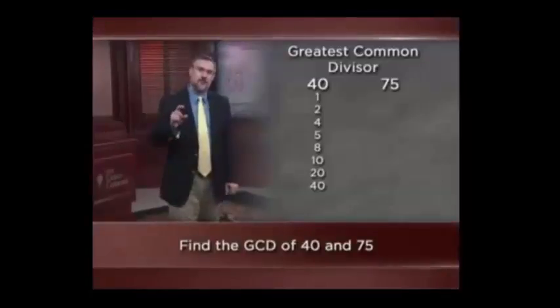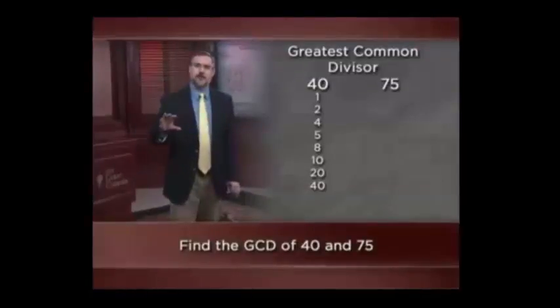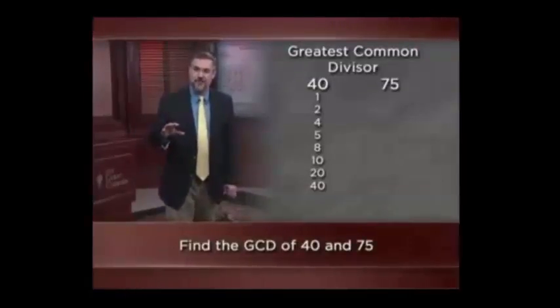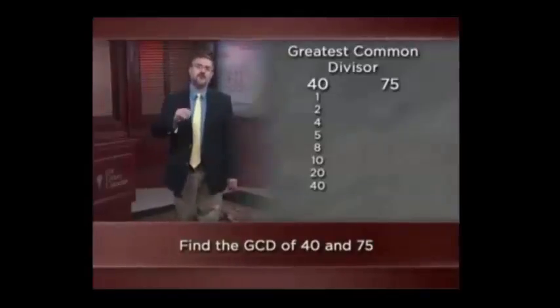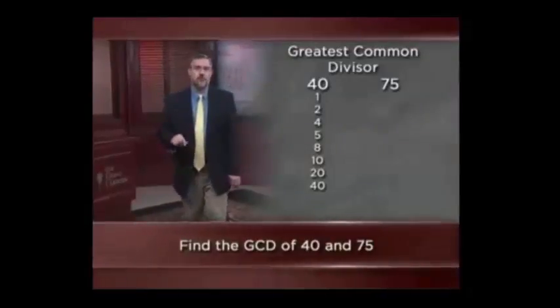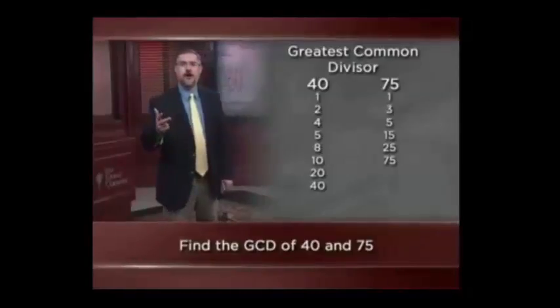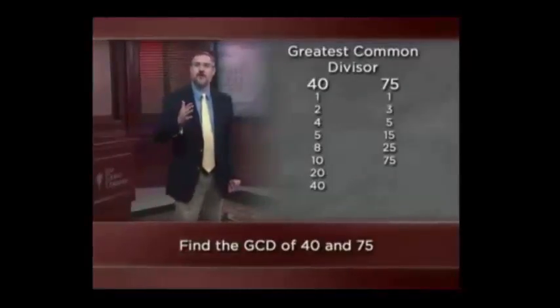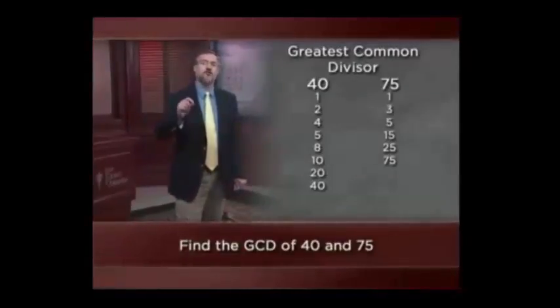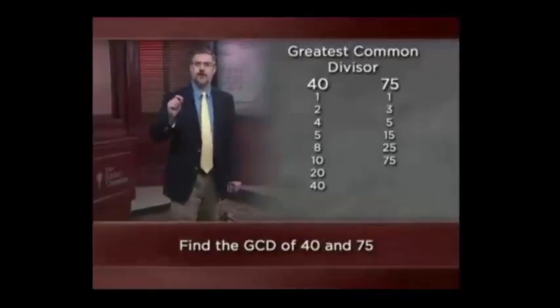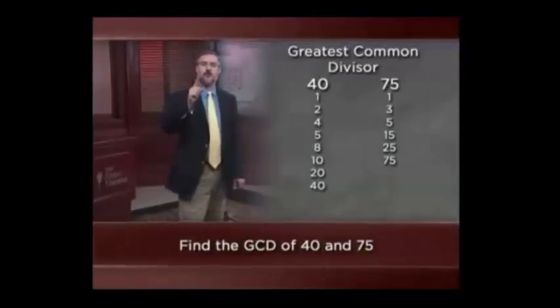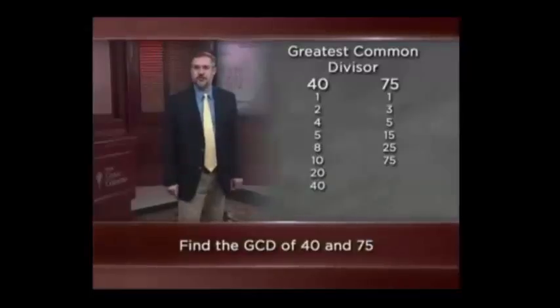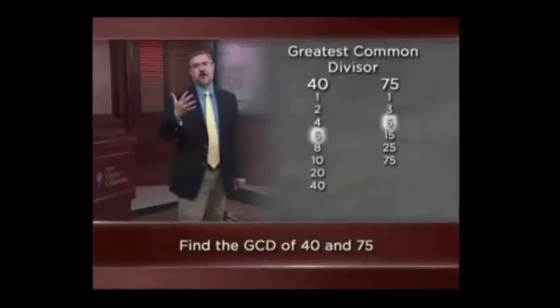Now, I hope you see that even with just a number like 40, writing down all the divisors can be kind of tough. Well, let's keep going. The divisors of 75, that was the other number in question, are 1, 3, 5, 15, 25, and 75. So the greatest common divisor of 40 and 75 is going to be the largest number that appeared in both of those lists. And that answer is 5.